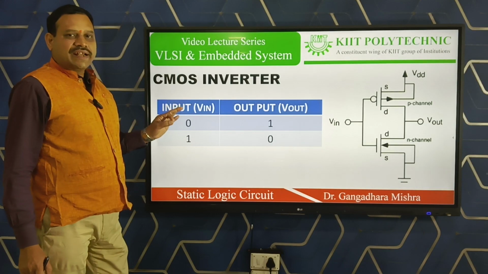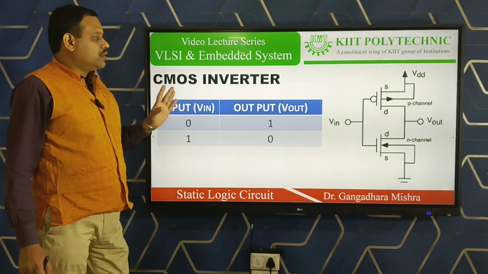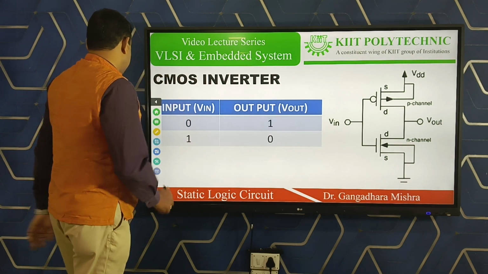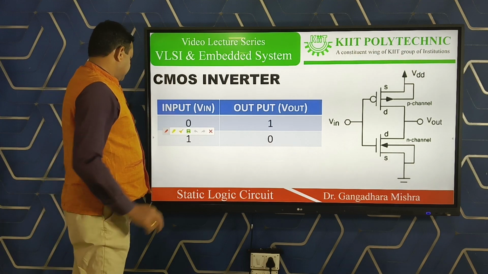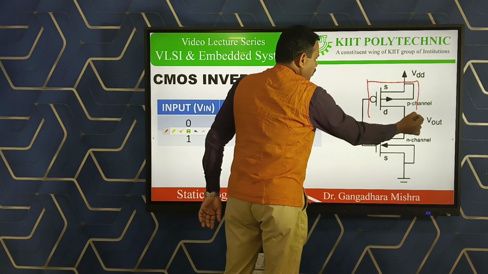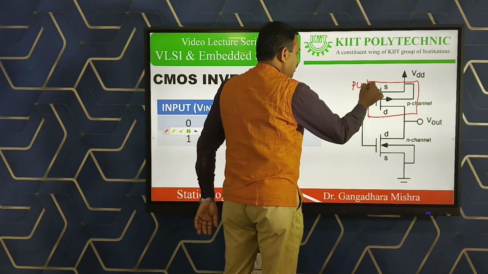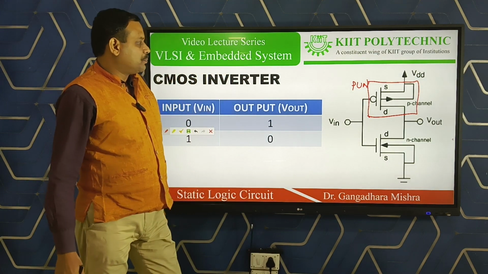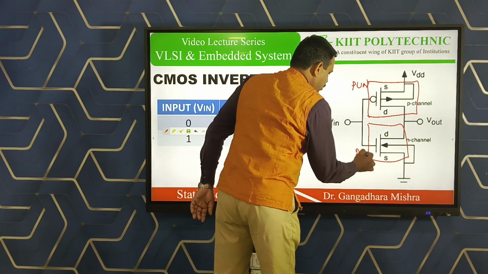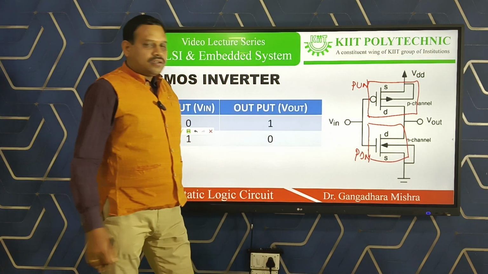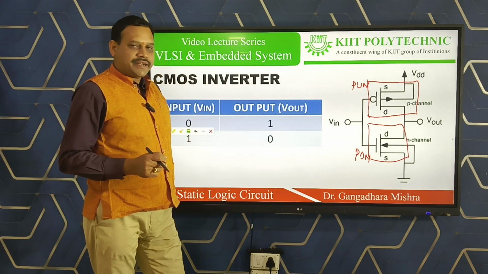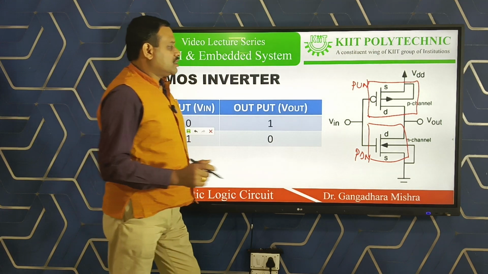As shown in the right side figure, the inverter consists of two transistors, one PMOS in the pull-up network and one NMOS in the pull-down network. These two transistors are connected in series where their gates are interconnected or shorted, and the output is Vout.